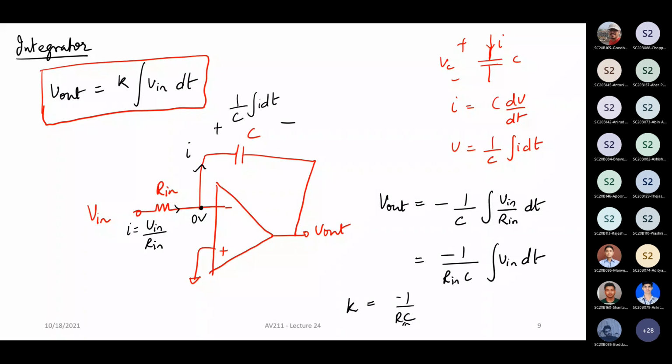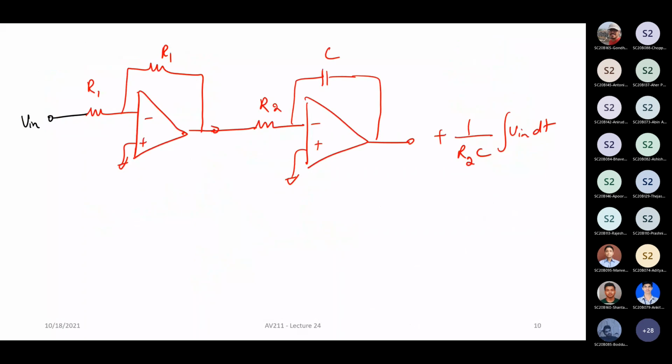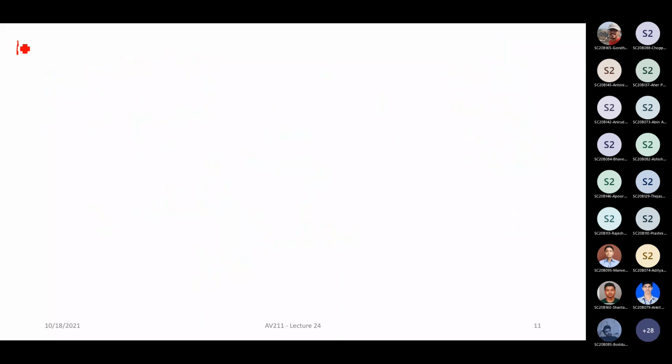But at DC, there is absolutely no feedback. Now that is a disadvantage because this can lead to all kinds of DC drifts. And it can quickly lead to a case where the DC voltages can go and saturate. So there is a necessity that we need to provide DC feedback.